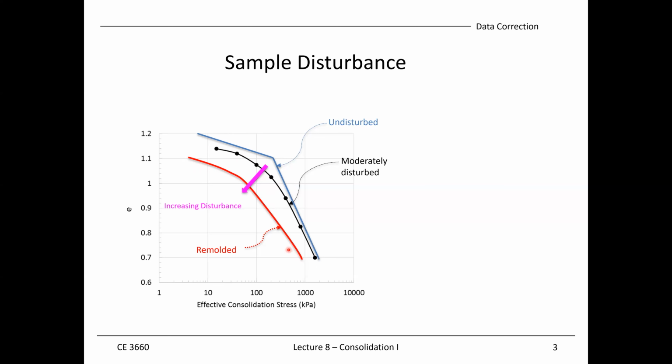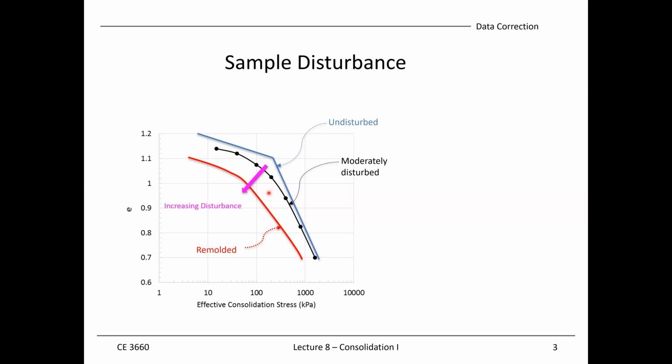So the fact is, once we collect the soil samples, we don't know the disturbance, or we know that the curve that we get, even though we pick the maximum curvature point, is not the true answer, because the true answer should be somewhere further right. So if we just pick the maximum curvature point, we are underestimating the maximum past pressure.